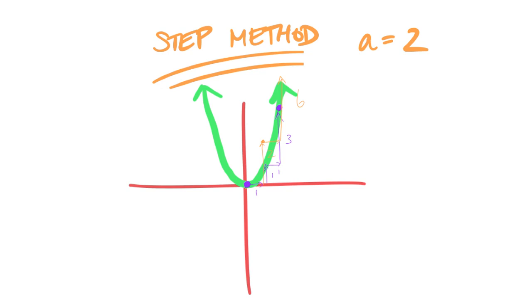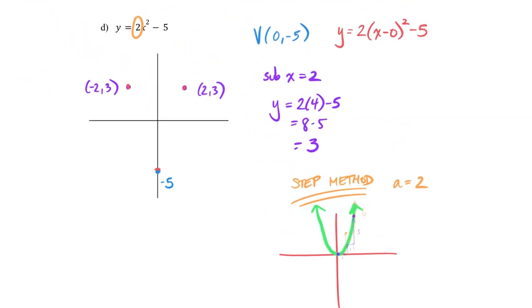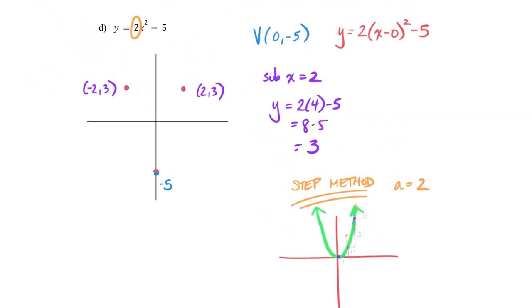So let me come down out of that picture. If I look back at the parabola I was given, I can read my vertex directly from my equation. Now I need to get 2 other points on my parabola. Well, I can use the step method. Because of my a value of 2, if I go to the right 1, I go up 2.